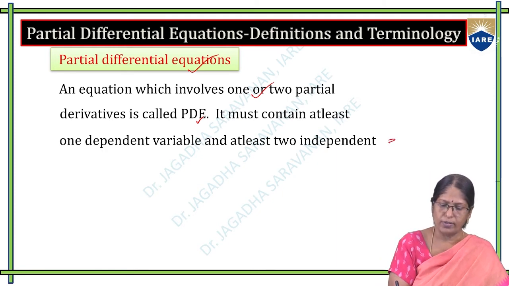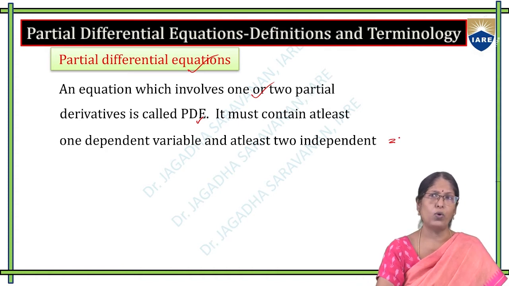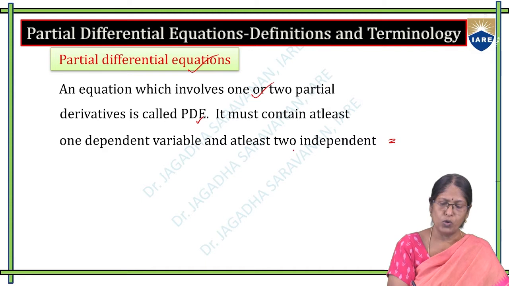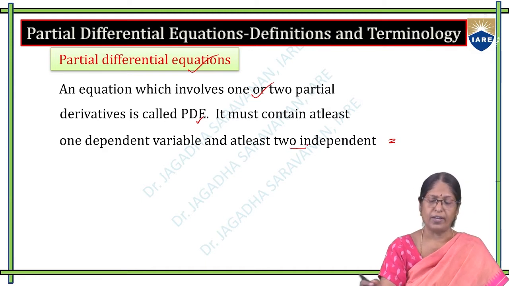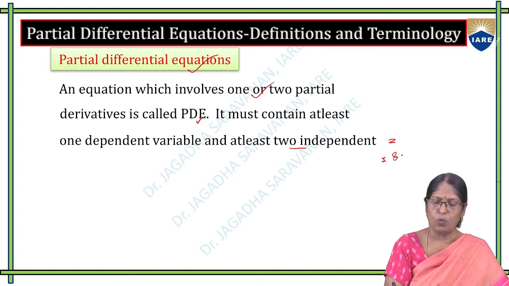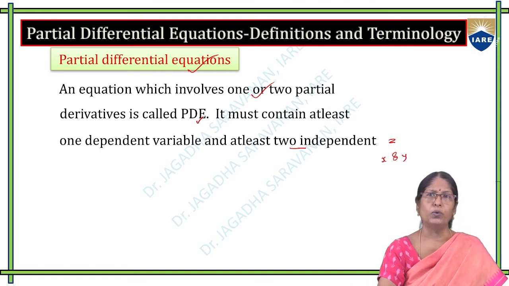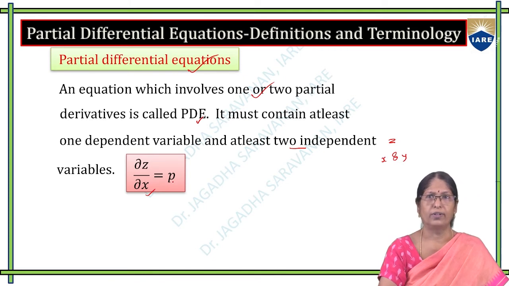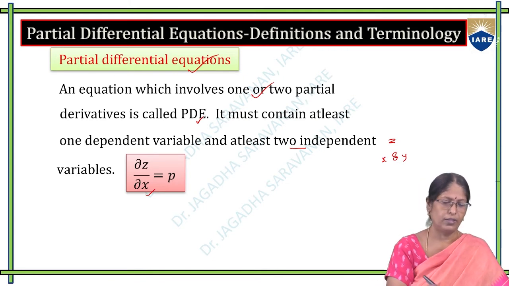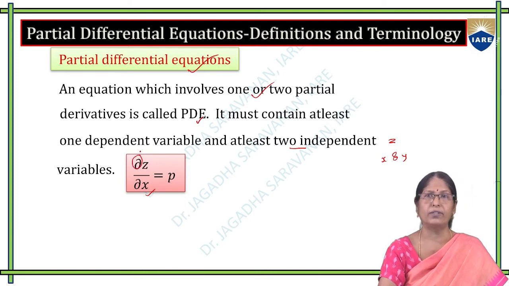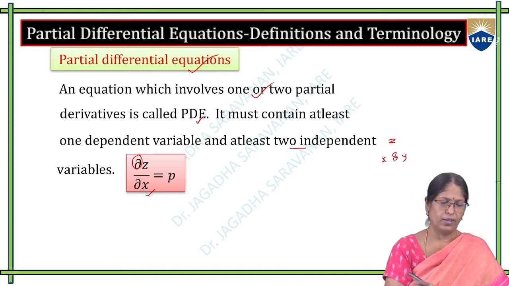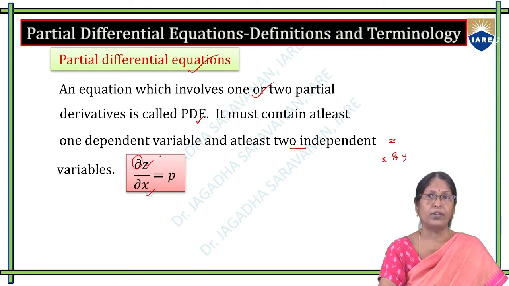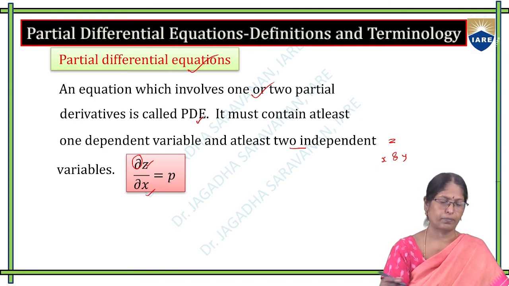Now, here Z is playing the role of the dependent variable, and two independent variables are there, that is X and Y. Dou Z by dou X, the symbol dou represents partial differentiation. Here the numerator, the variable Z, is the dependent variable.